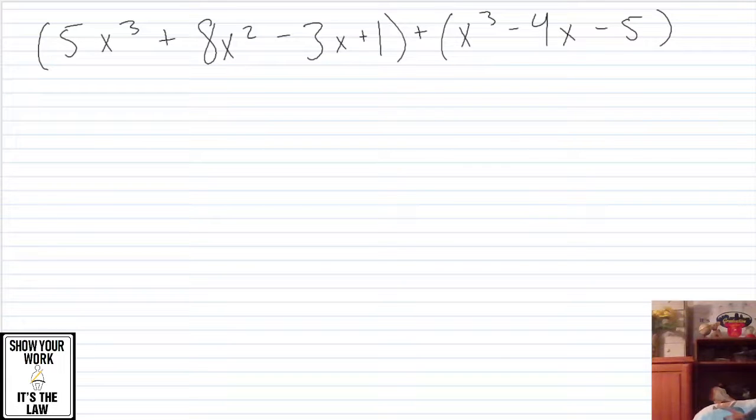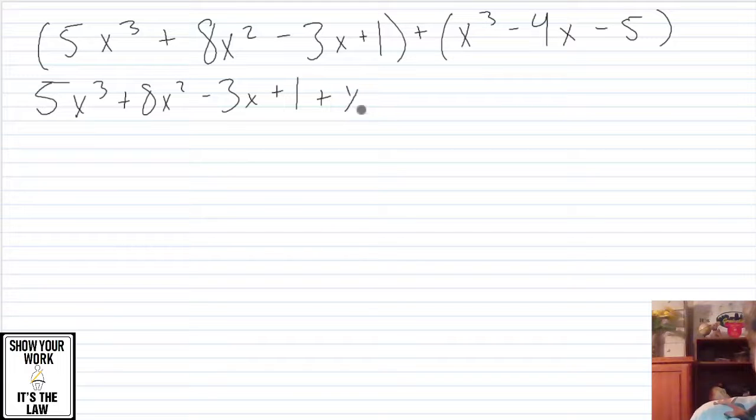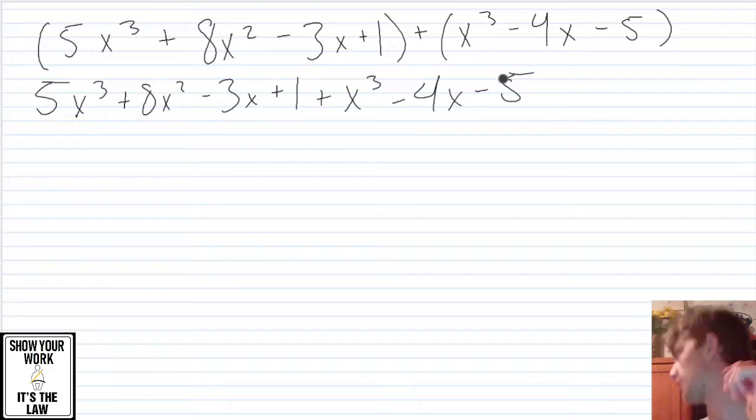All right, so let's add them together. There's nothing we can distribute through this set of parentheses, so we can just drop the parentheses. 5x cubed plus 8x squared minus 3x plus 1, and then distribute the positive through, which means everything keeps its sign for x minus 5. Now, remember, when we're adding and subtracting terms, what are the rules?